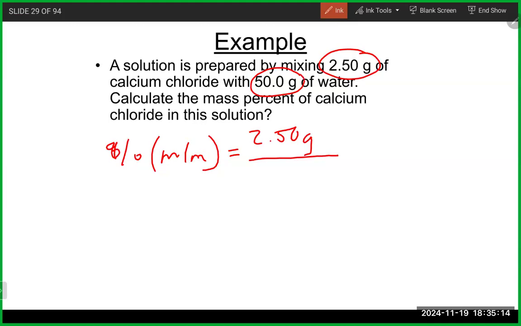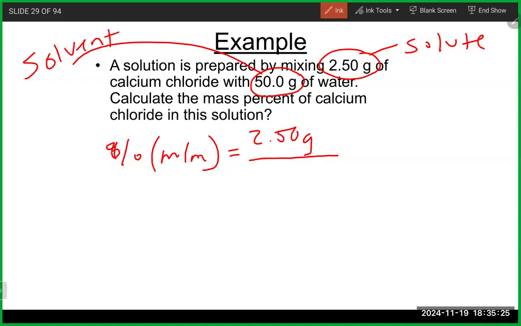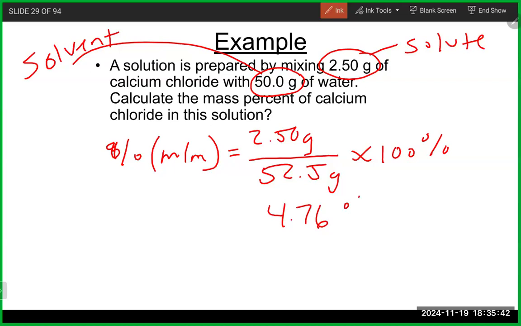Remember, we do need to add these together, as this is our solute and this is our solvent. That's going to give us 52.5 grams as the mass of the solution, not just 50, which is just the solvent. That gives us 4.76% by mass.